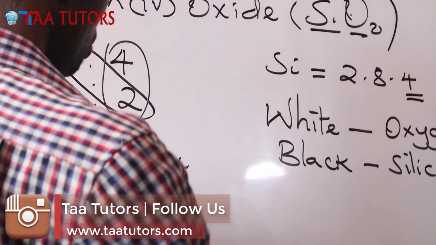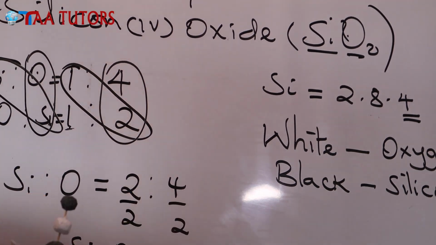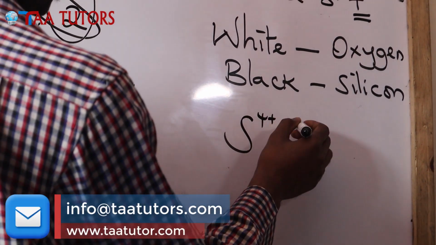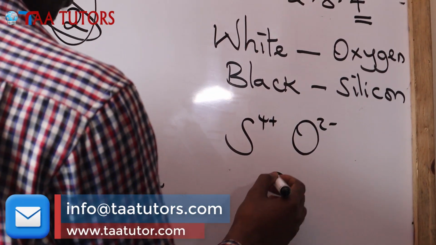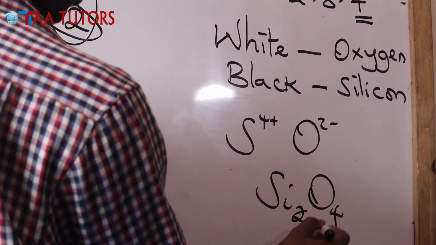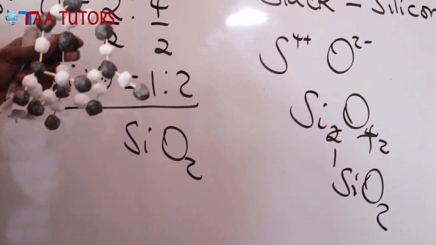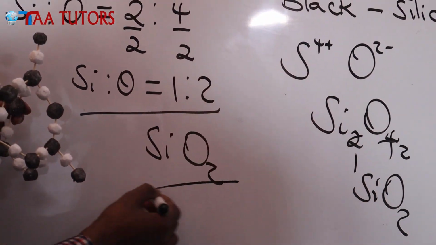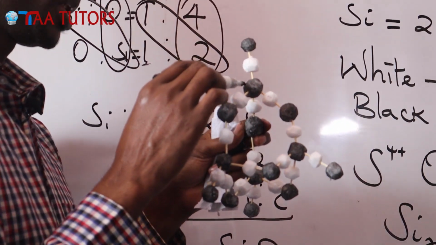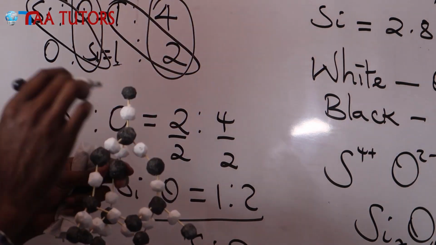That's why this particular compound is there. Sometimes people say you exchange valency: silicon is 4, oxygen is 2. You say Si 2, O 4, then here 1, here 2. You get SiO2. So from this structure, we can derive the formula of silicon 4 oxide by just looking at how many oxygen atoms are connected to 1 silicon, and how many silicon atoms are connected to 1 oxygen.